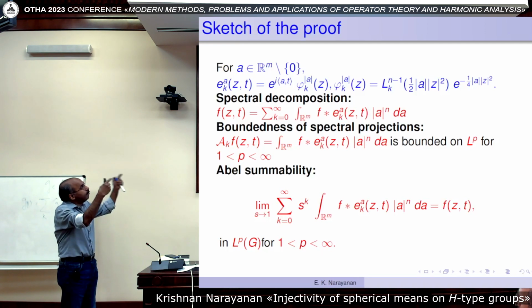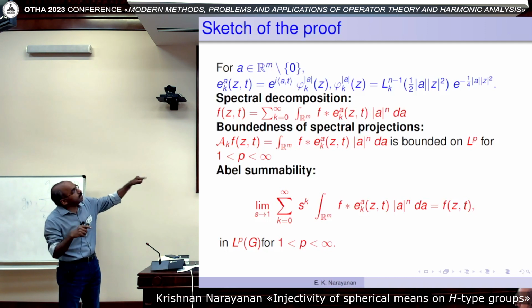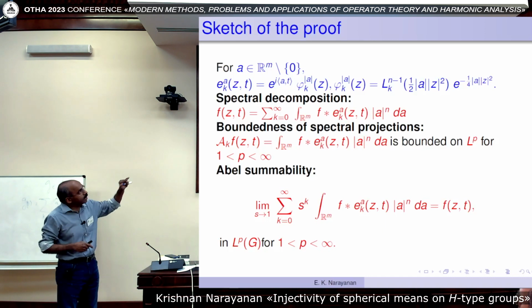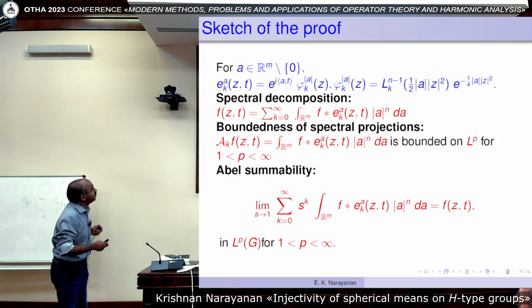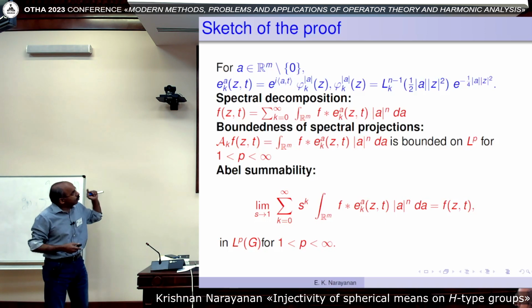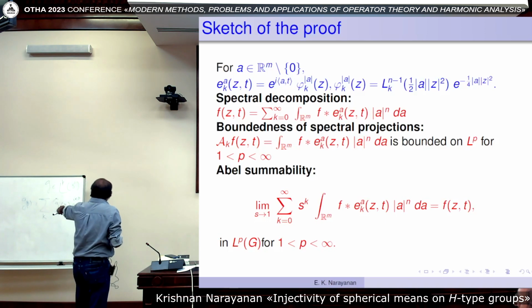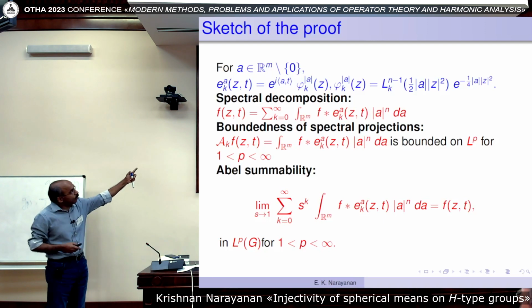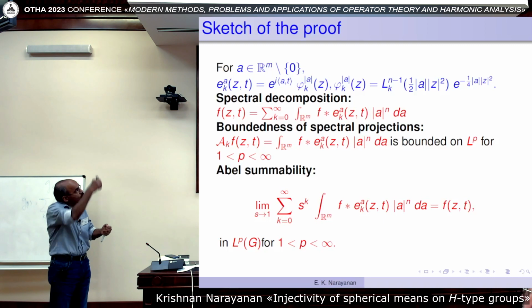Because you are in Rm, not in the real line. So you take the inner product, times whatever is remaining is something you have already seen, the Laguerre polynomial times the Gaussian. That is why it's very similar to the Heisenberg case. You have a spectral decomposition, but it is not as simple as what is written for the Fourier series. For each k you have an integral over Rm.